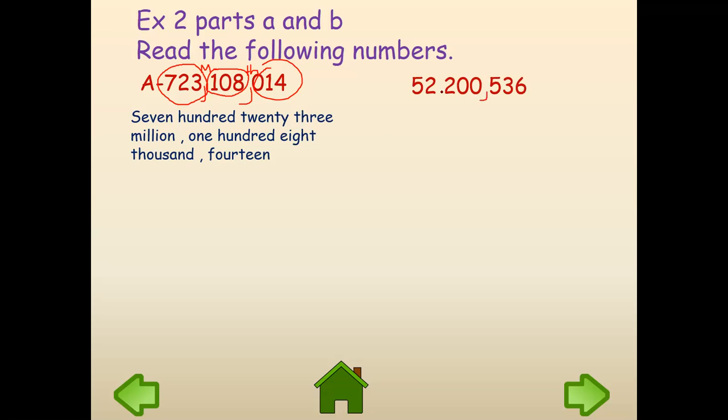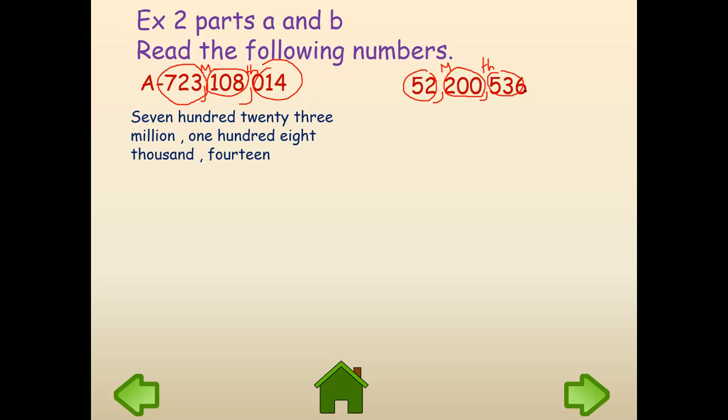The second one in part A. Place the 2 commas. The first comma is 1,000. The second one is million. How do we read these 2 numbers? 52. What? Million. There's no 100 because we have just 2 digits. How do we read these 3? 200. What? 1,000. Don't forget to say 1,000.